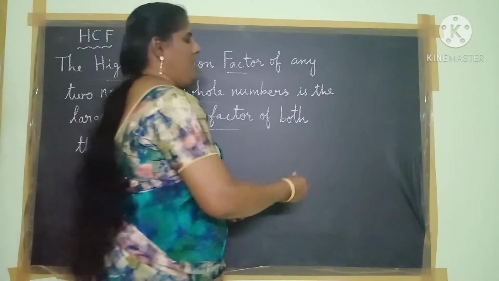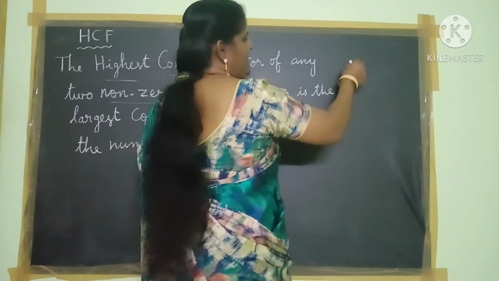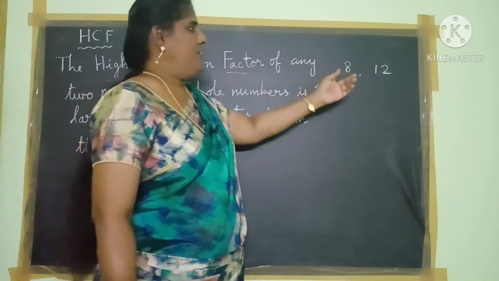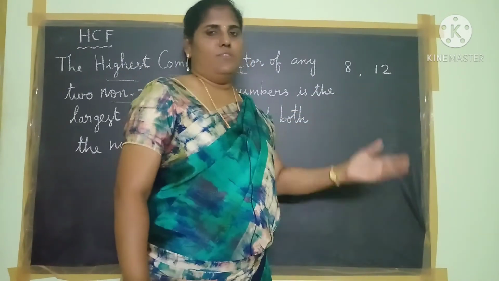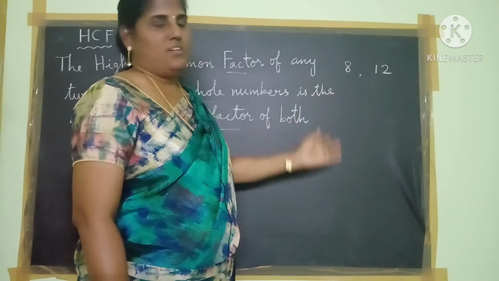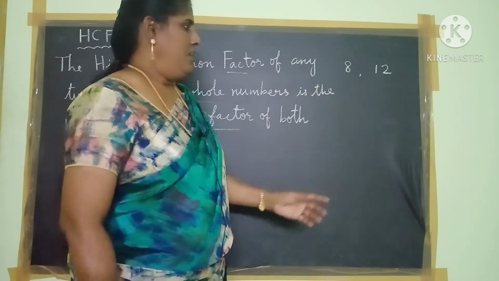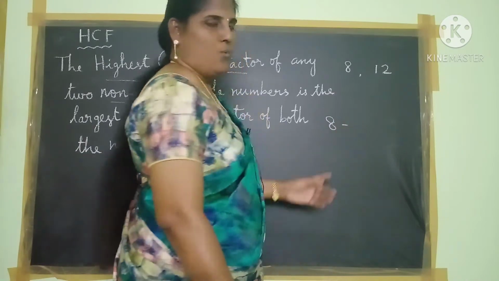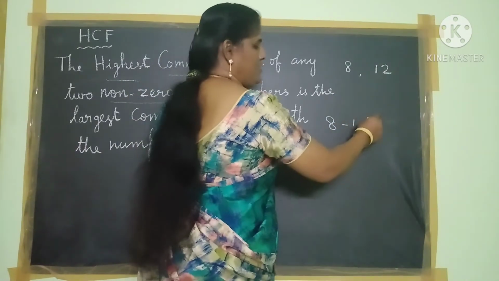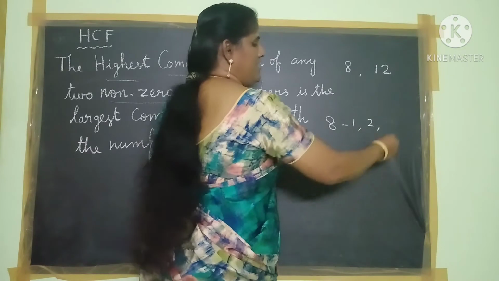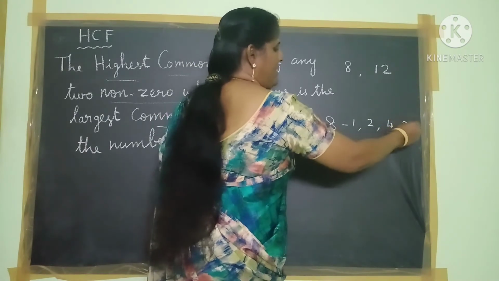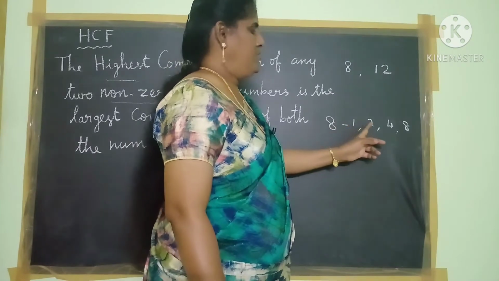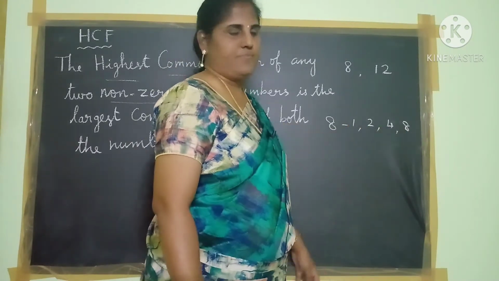For example, I am going to give one example, 8 and 12. Just take 8 and 12. We need to divide the numbers 8 and 12. Already we know the factors of 8 and 12. The factors of 8 means 8 can be divided by the 1 table, 2 table, 4 table and 8 table, yes or no?